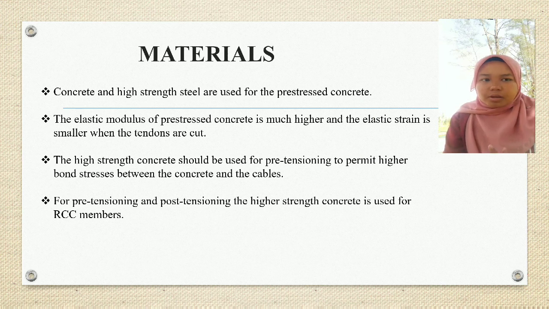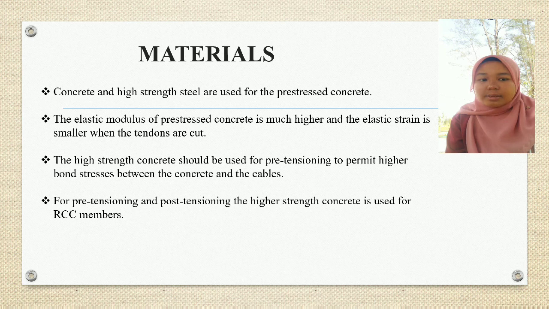For the materials for prestressed concrete: first, concrete and high-strength steel are used for prestressed concrete. Second, the elastic modulus for prestressed concrete is much higher, and the elastic strain is smaller when the tendons are cut.